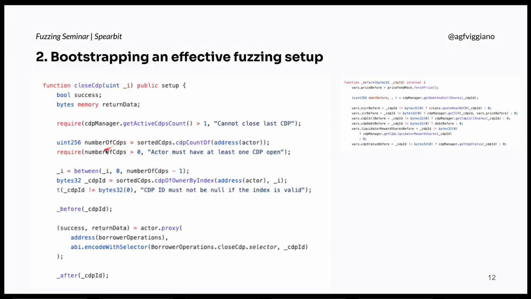And then the user that is interacting with this function should have at least one CDP. And then you take the CDP index, CDP ID randomly, and then you do a call to the borrower operations contract and call close CDP. You can also do a vm.prank here. We just did it this way because our actors needed to perform some flash loan actions.